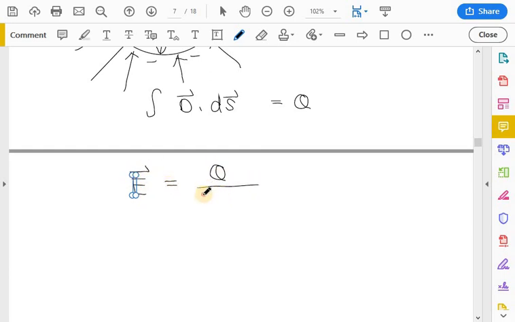Q over 4 pi epsilon naught R squared. So can you replace the values into it?